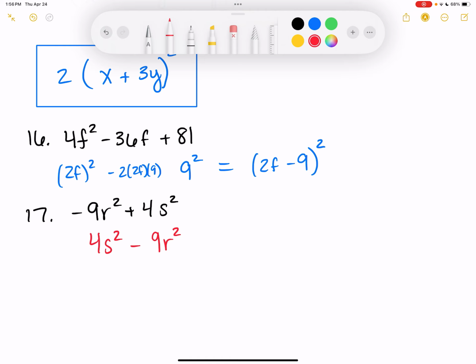If they weren't, I couldn't do it. But they are. So this is 2s plus 3r times 2s minus 3r. It's whatever is being squared here plus whatever's being squared here, times whatever's being squared here minus whatever's being squared over here. So that would be the answer to that one.